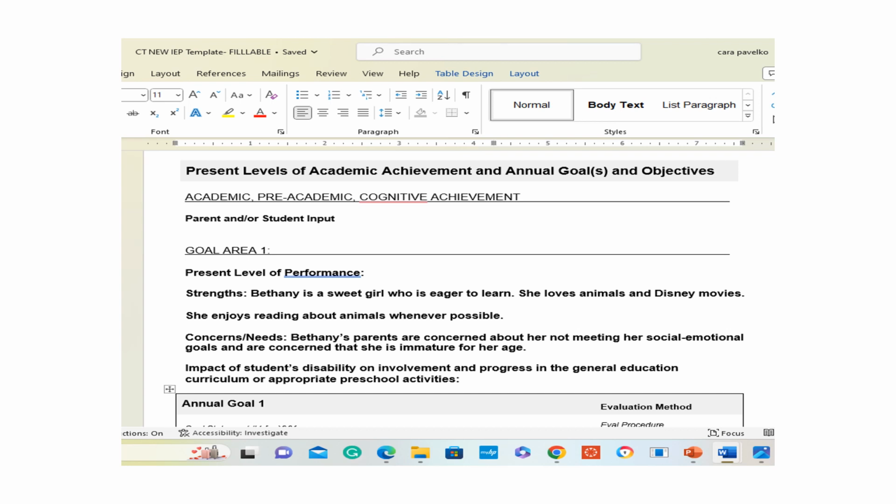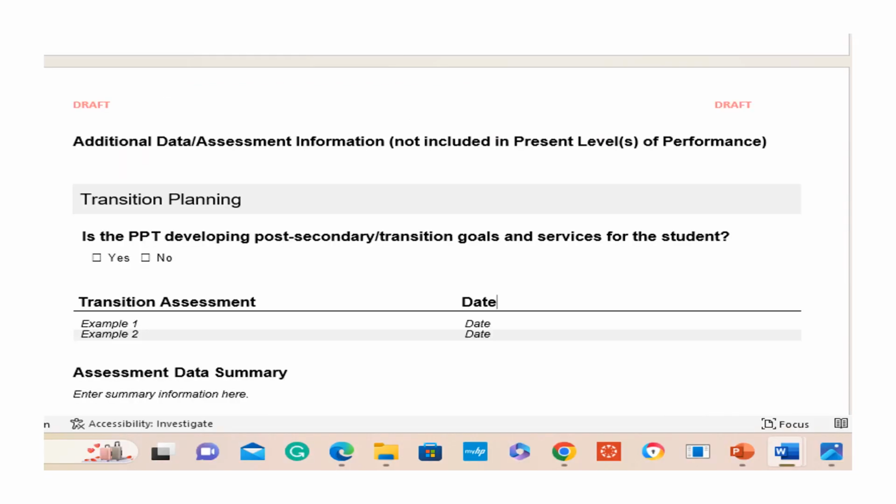Her confidence, her being able to relate to her peers. So there are several goals, not only in terms of behavior, but of academics with her reading and math that would go under here, along with her assessment scores and so on, and where they would like to see her be academically.